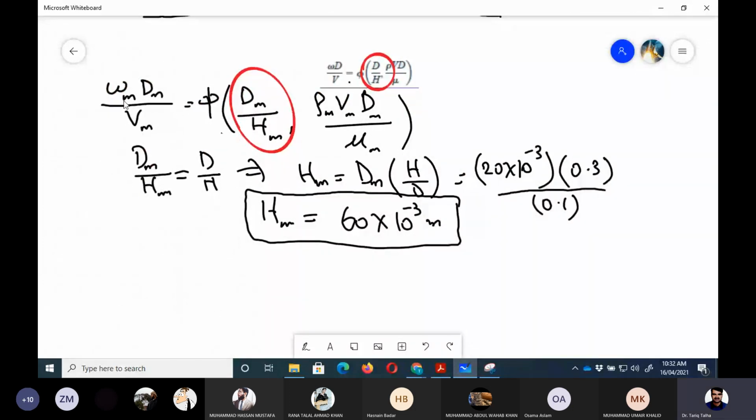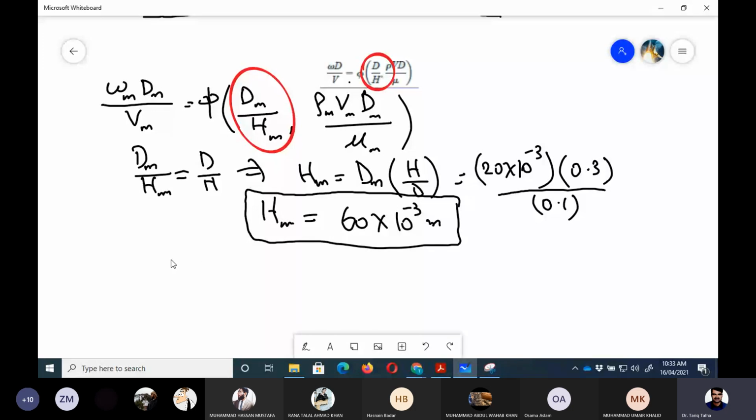So V_m can be calculated either by this left hand side pi terms, but in that case we also know that d_m or actual d is not known to us. So this actual ω is not known to us. So that's why we just use this second term on the right hand side, which is the Reynolds number.